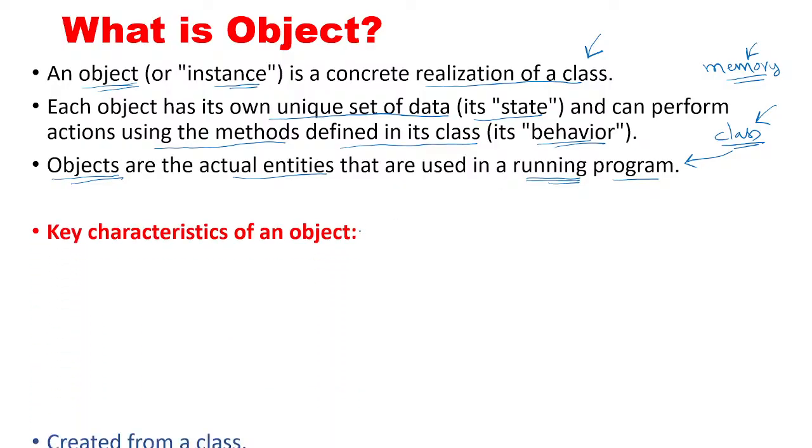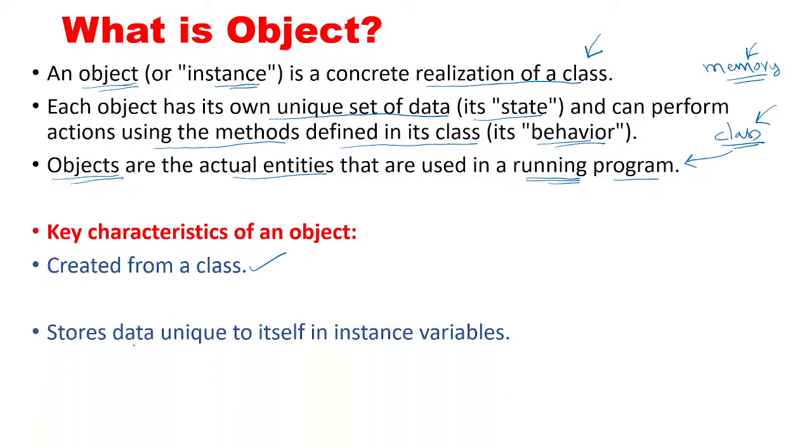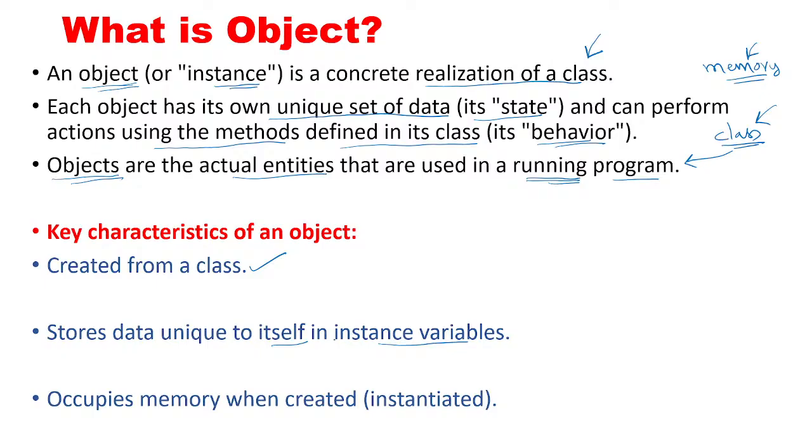So what are the key characteristics of an object? It is created from a class. An object must be created from a class. It stores data unique to itself in instance variables. We will see this. Then it occupies memory when created. Once the object is created from the class, memory is immediately allocated for that object. That is called instantiation.